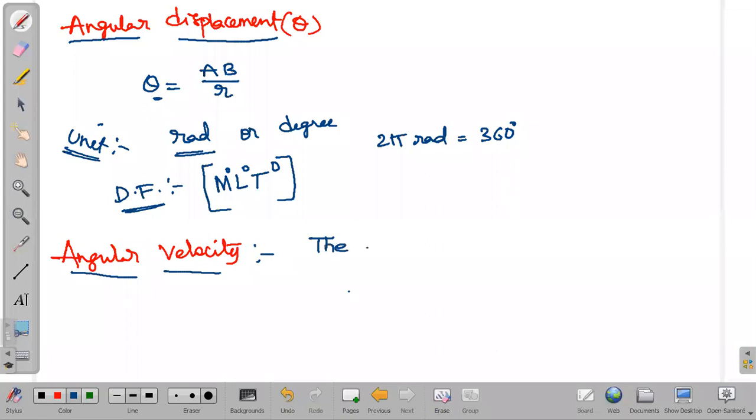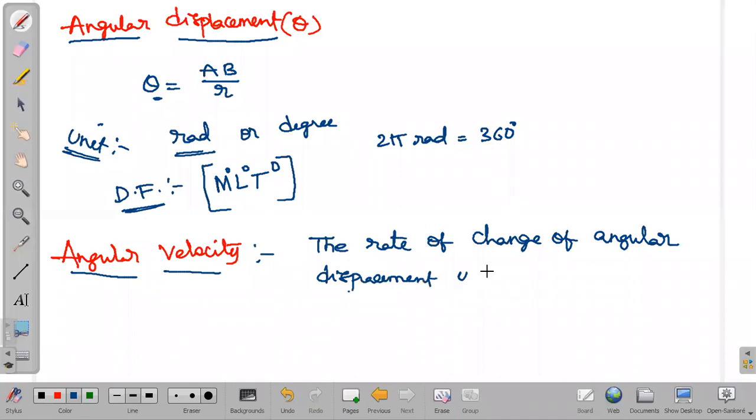So the rate of change of angular displacement is known as angular velocity.